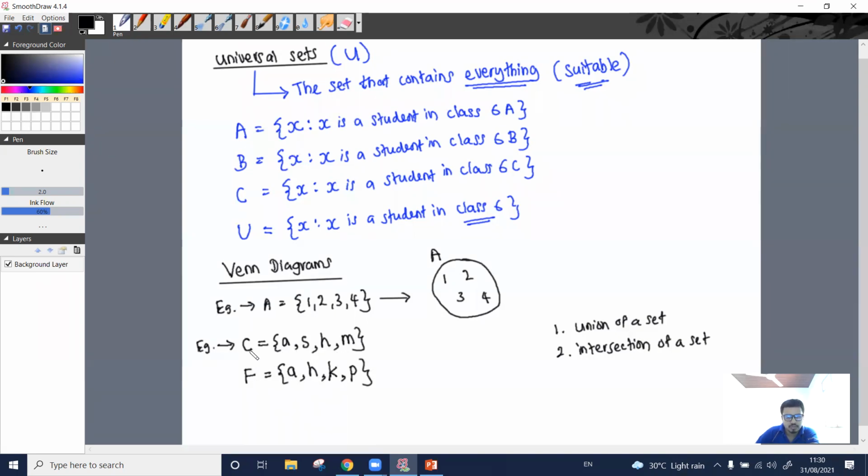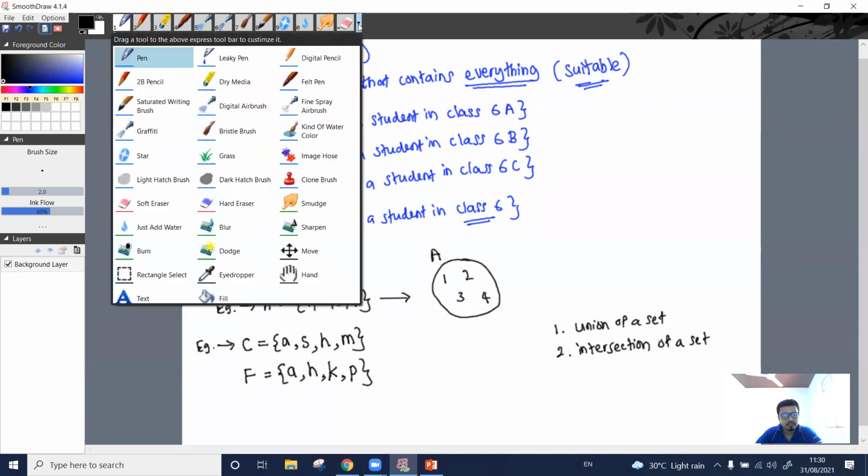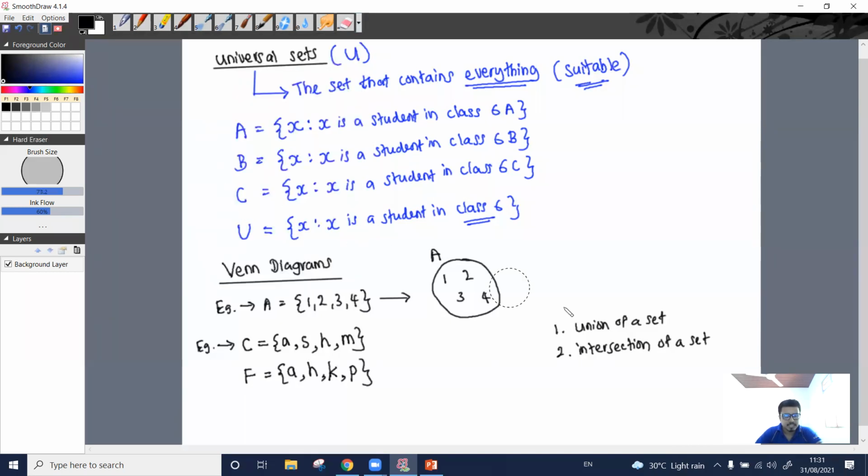The set of students who like cricket and the set of students who like football. If we represent this using Venn diagrams, how should it be?